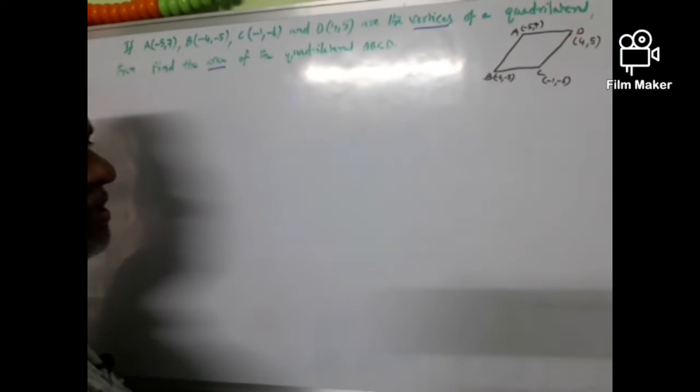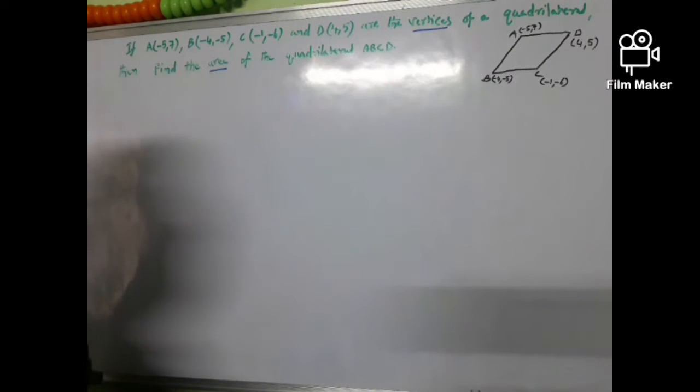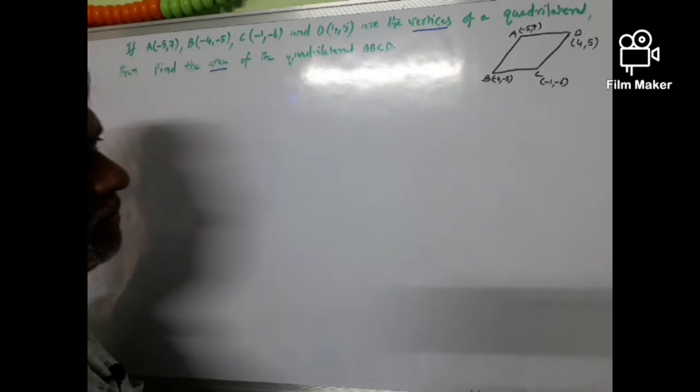These four are the vertices of quadrilateral ABCD.